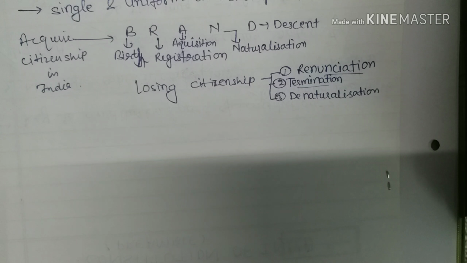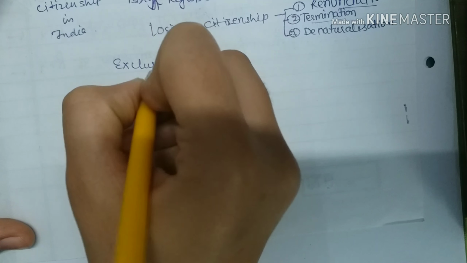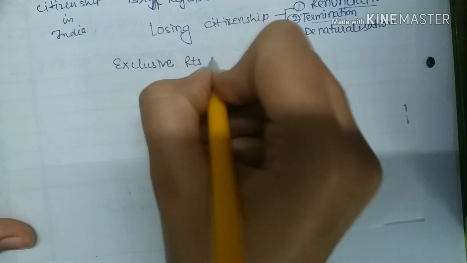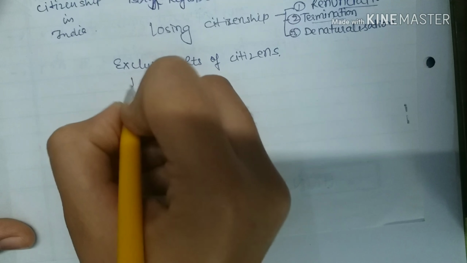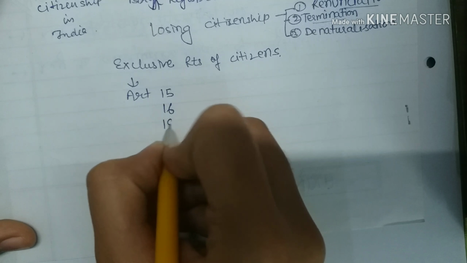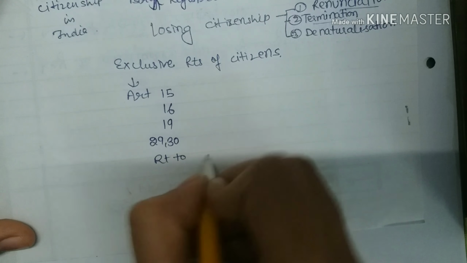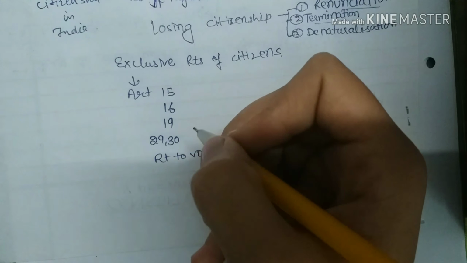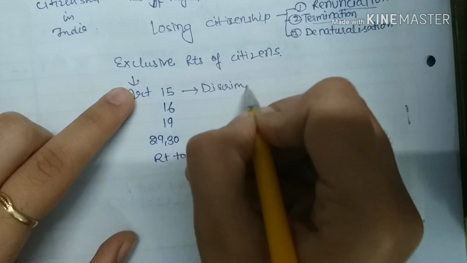Then there are some exclusive rights of citizens. These are Article 15, 16, 19, 29 and 30, and the right to vote. Article 15 is about the right against discrimination.